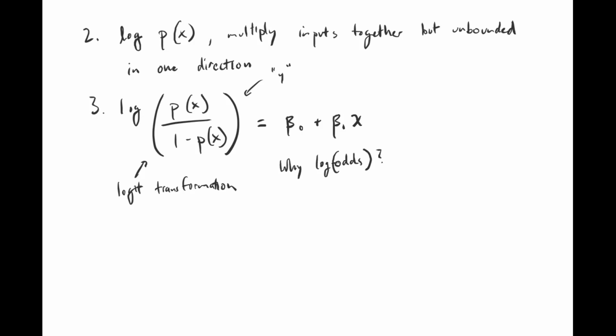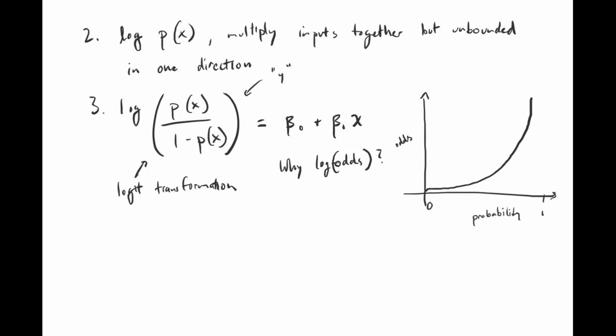We can draw a graph to show why this is. So if this is our probability, if I map this from 0 to 1, we can now see that the odds will be bounded at 0 and upwards to infinity here. So we go 0 to infinity.